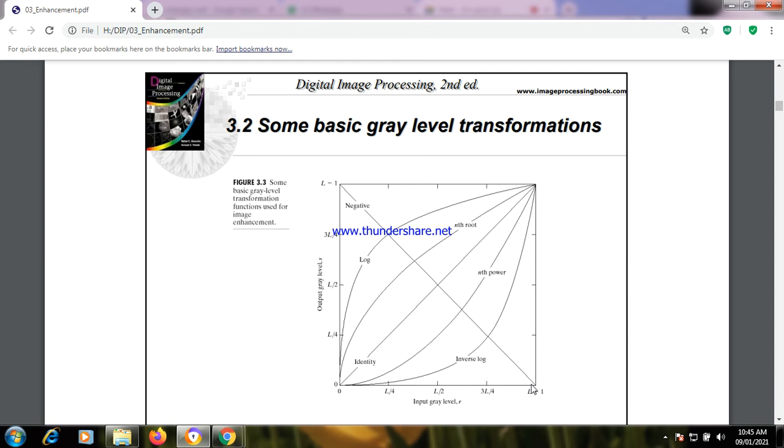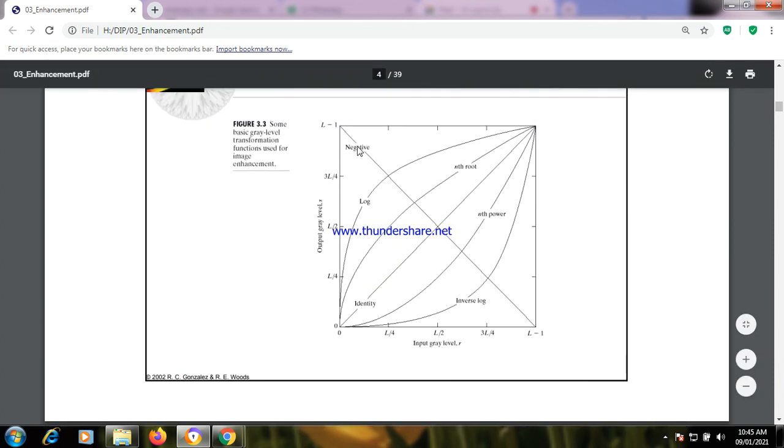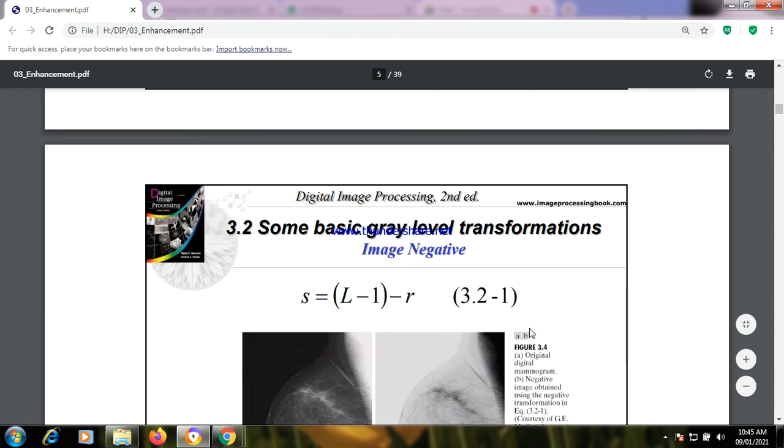Clear? That is the meaning of negative image. Basically, the dark pixels are made bright, and bright pixels are mapped into dark, meaning 0 to 1 transformation and 1 to 0 transformation. So this line indicates the negative image. 0 is converted into 255, and 255 is converted into intensity value 0.